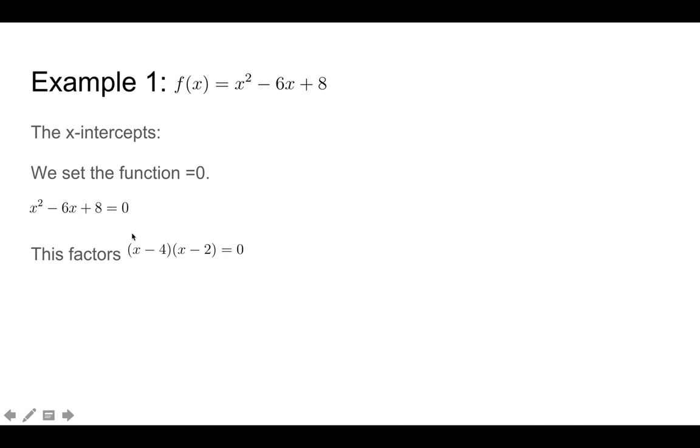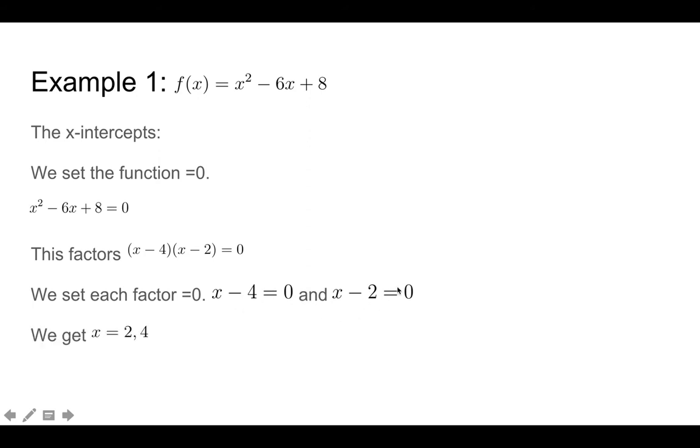So that factors x minus 4, x minus 2. Check those details, make sure you believe that, equals 0. So I have two things multiplied together to be 0. That means one of them has to be 0. So either x minus 4 equals 0 or x minus 2 equals 0.